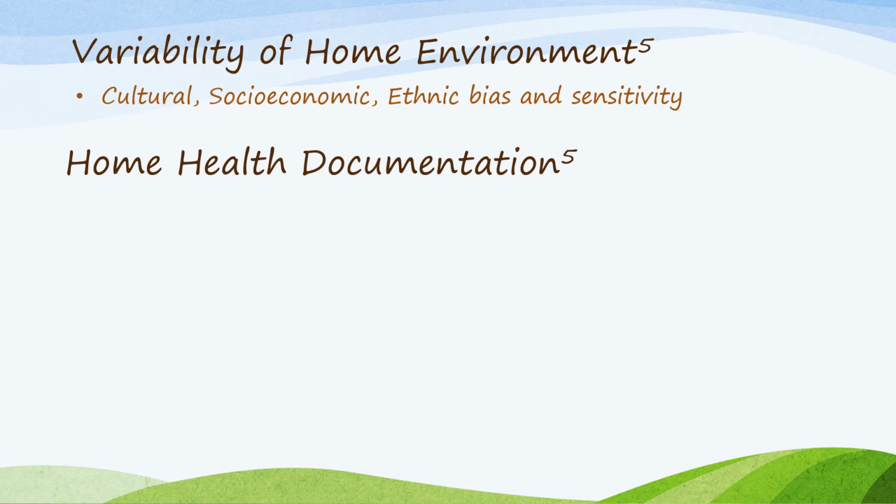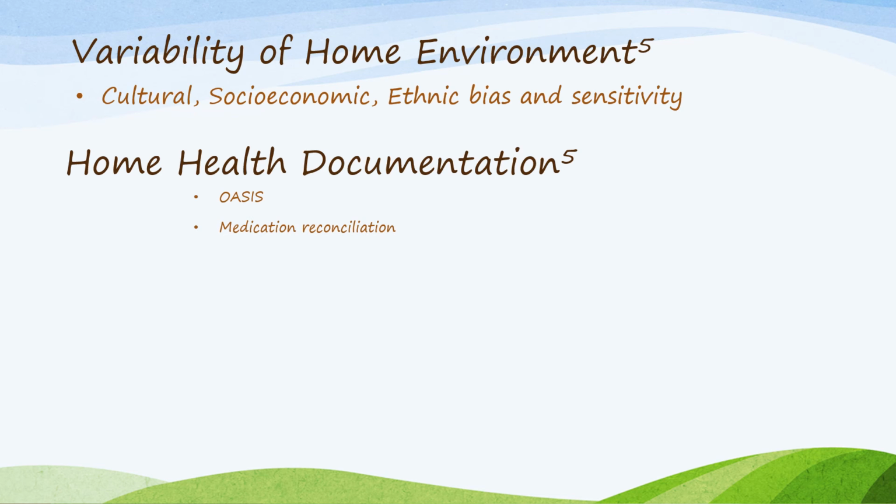Also important is the variability of the home environment. We need to be sensitive to cultural and socioeconomic concerns, as well as ethnic biases and sensitivity to care. Home health is loaded with documentation including OASIS, or Outcome and Assessment Information Set instrument.